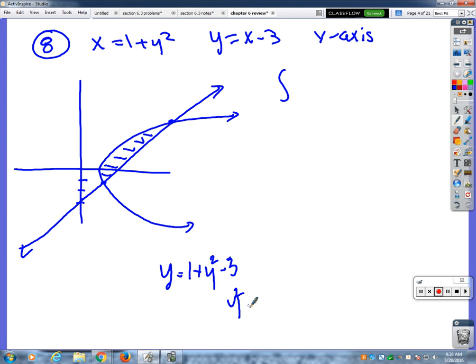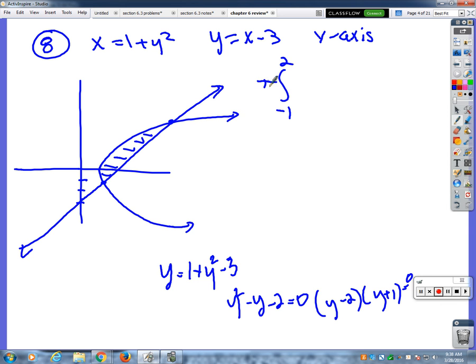So y squared minus y minus 2 equals 0. Okay, so that means I'm integrating from -1 to 2.